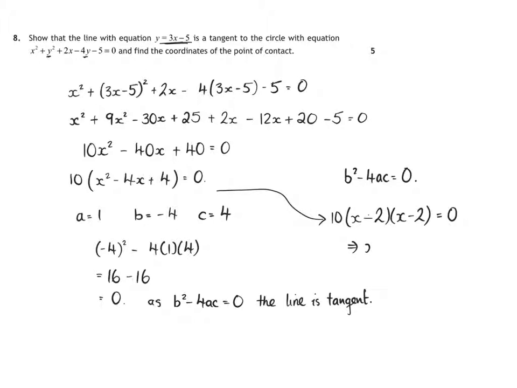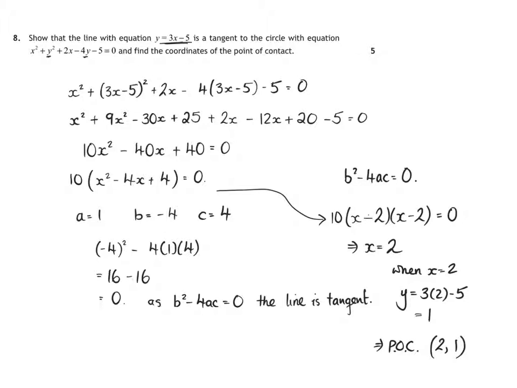So therefore x equals 2. And then when x equals 2, y equals 3 times 2 minus 5, so it's equal to 1. So therefore your point of contact is the point 2, 1.